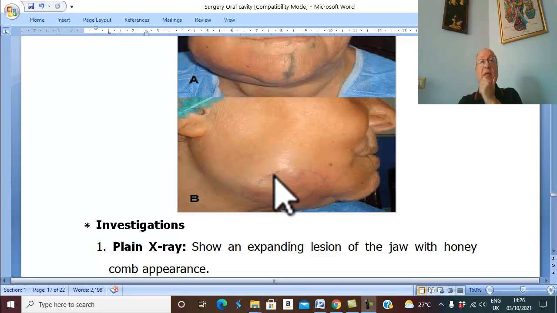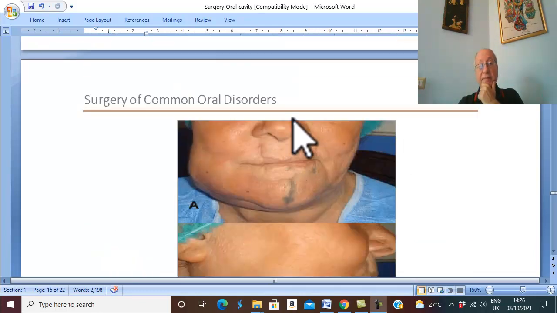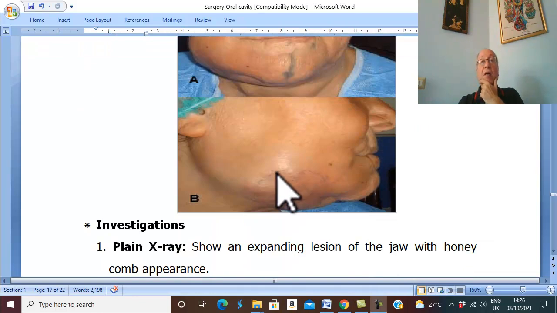It is much more common in the lower jaw, more common in females. It usually arises at the age of 25 to 45 years. It is the commonest mandibular tumor.